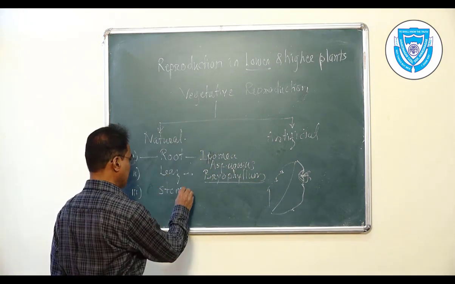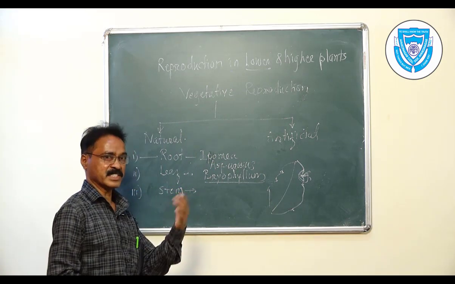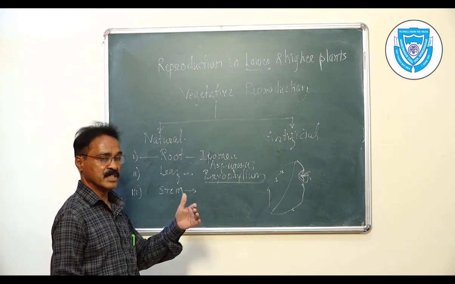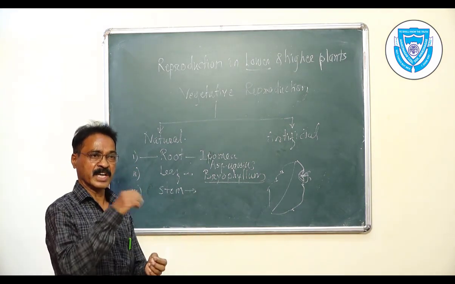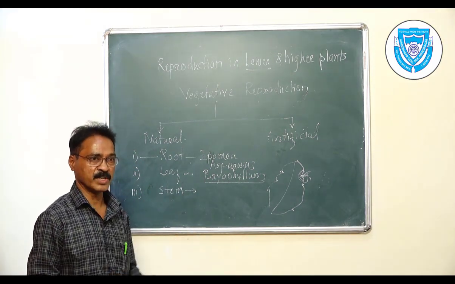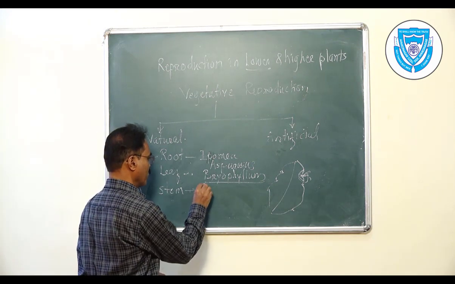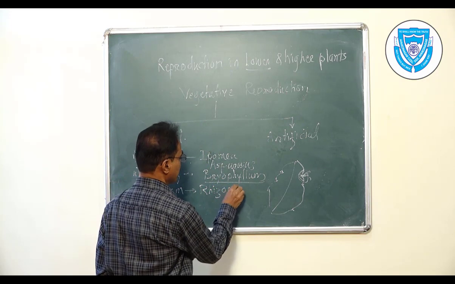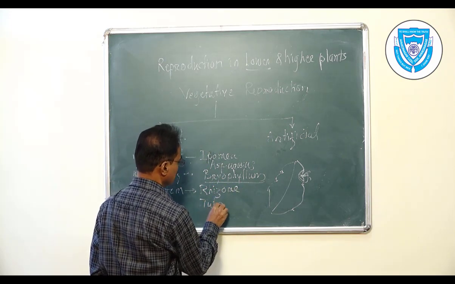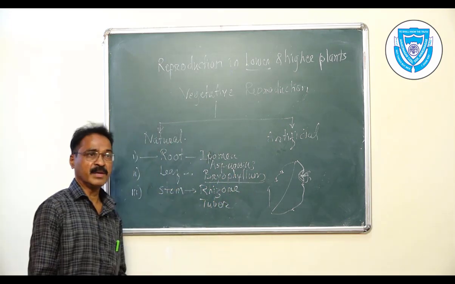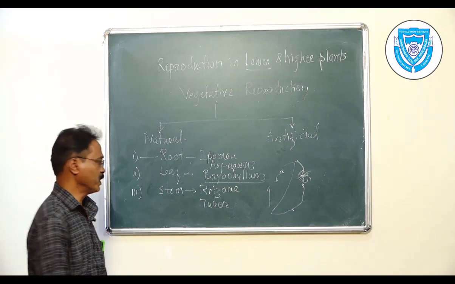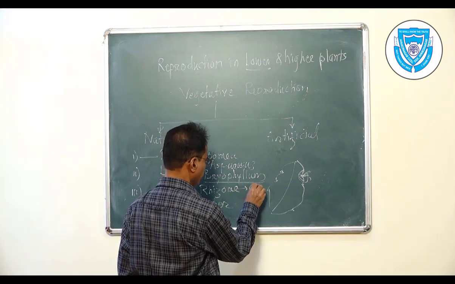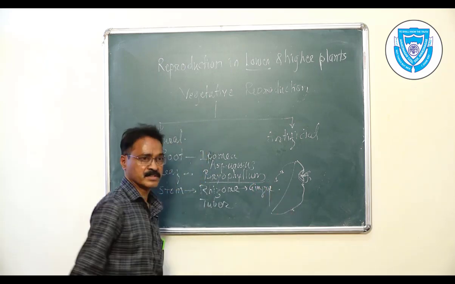Okay, and lastly the stem. Now the stem has various types of methods, and many farmers utilize stem material which has vegetative buds on it, which are utilized for the reproductive method. So first one is the rhizome, second is the tuber, where the stems are utilized as a reproductive method. Now the rhizome, best example, you know, ginger.